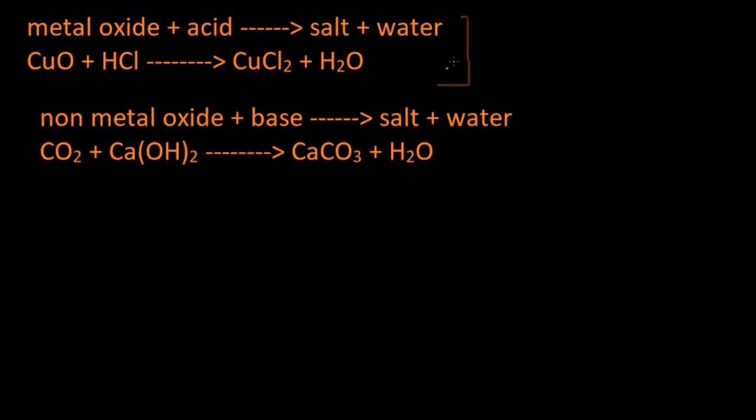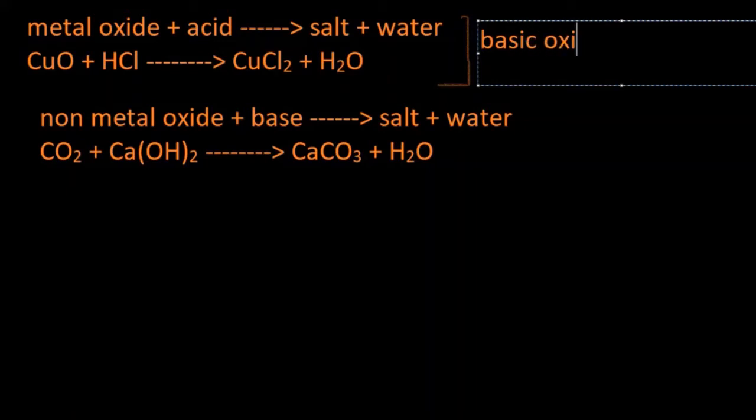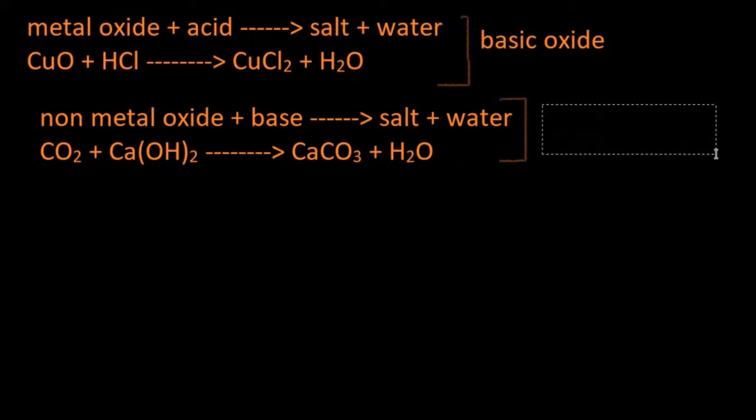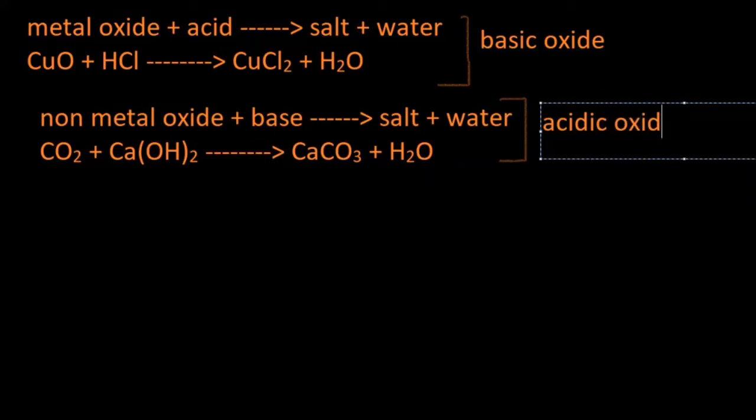We'll take a look at an example of such a kind of oxide. So this is what is called an example of a basic oxide because it reacts with acid to form salt and water. On the other hand, this is an example of what is called an acidic oxide because it reacts with a base to form salt and water.